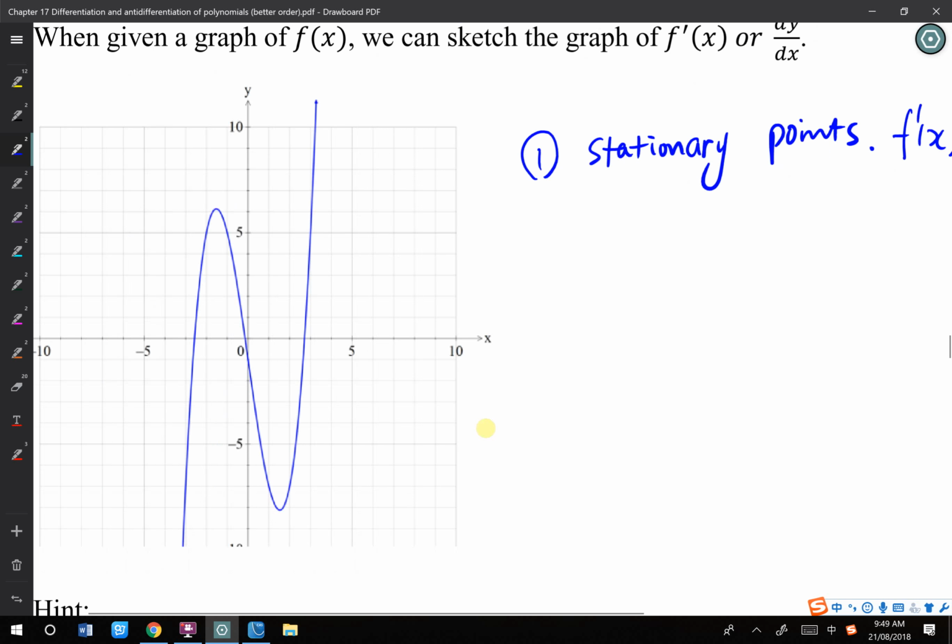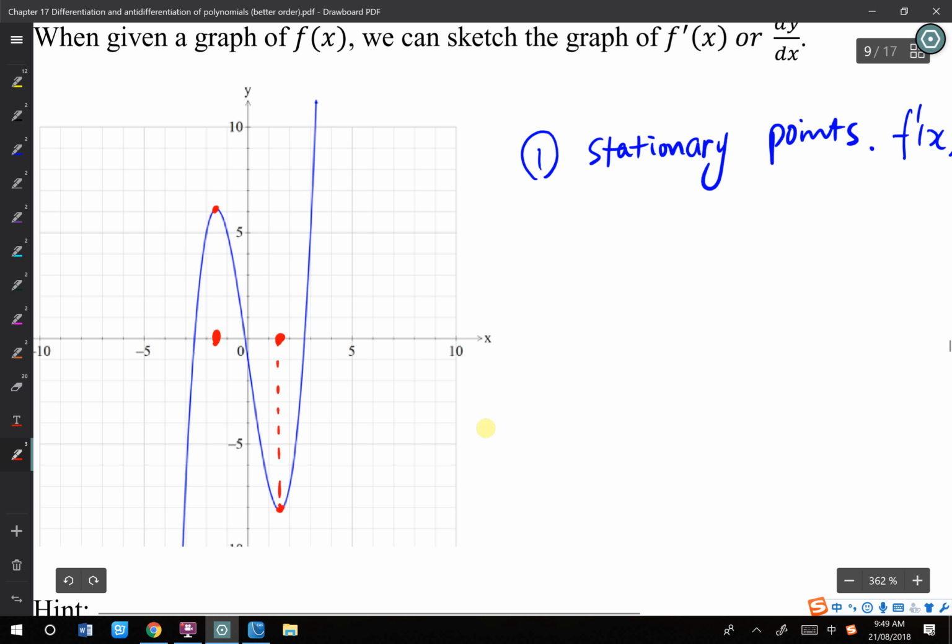So now I'll use the red pen to sketch this. The turning point is here, right? The turning point is here. So at those two x values, I will have that as x-intercept. Okay, that's the x-intercept.